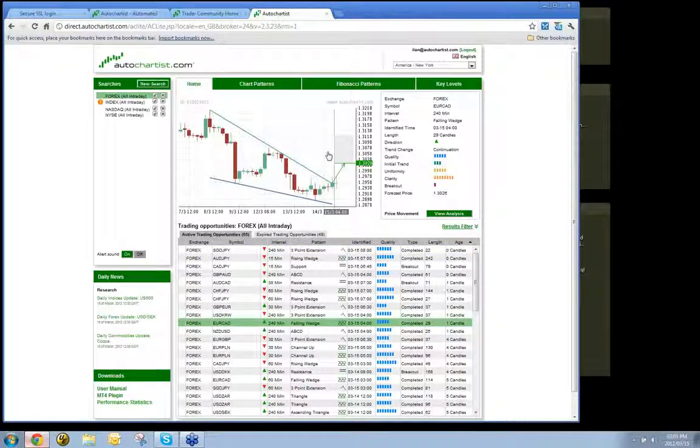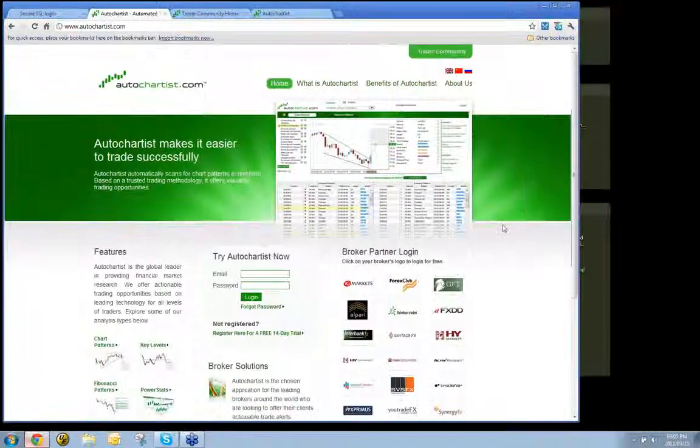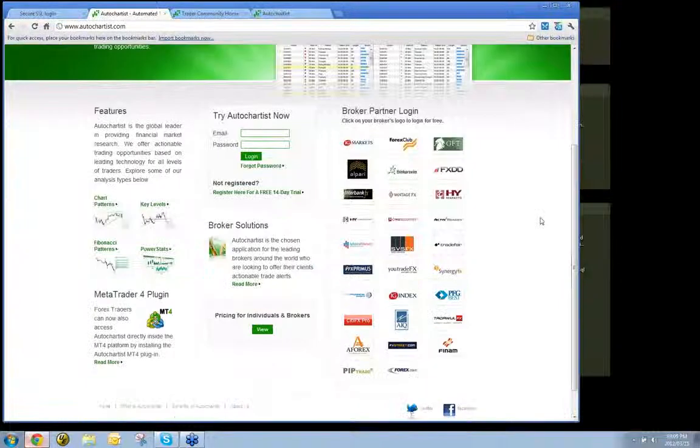So first things first, how do you get into the platform? All right, this is a good question. So I'm flipping my screen to the Autochartist.com home page. And we'll just wait for my screen to update on everybody's screens. Okay, and on the Autochartist.com home screen, what you're going to see is on the bottom right-hand side of the screen, a section called Broker Partner Login, and it says click on your broker's logo to log in for free.